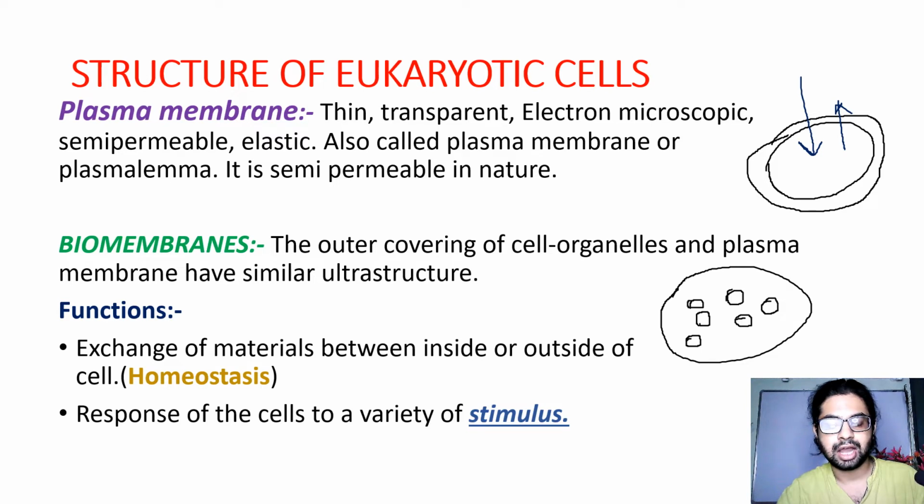Homeostasis means a condition where the cell is at equilibrium and in a state which is supposed to be natural. Another function is the response of the cells to a variety of stimuli. These biomembranes or plasma membrane help the cells to respond to external stimuli and act simultaneously.